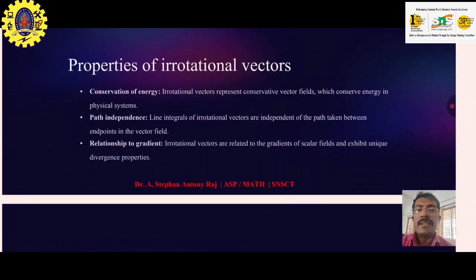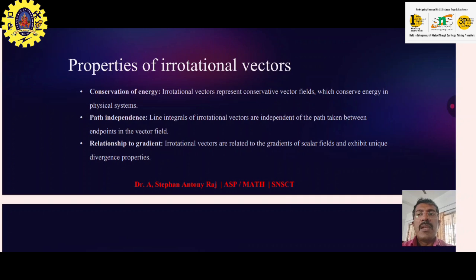There are certain properties of irrotational vectors. The properties are conservation of energy, where we can understand the various vector field structures.